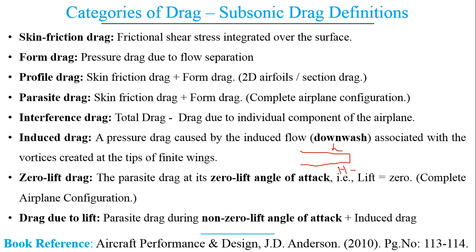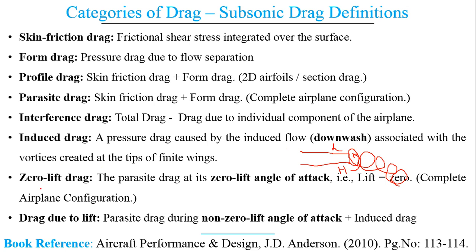That is, this high pressure air tends to get to the upper surface of the wing. This movement causes vortices at the wingtips. So these vortices cause downwash, that is, this is the induced flow, and the drag due to this is induced drag.